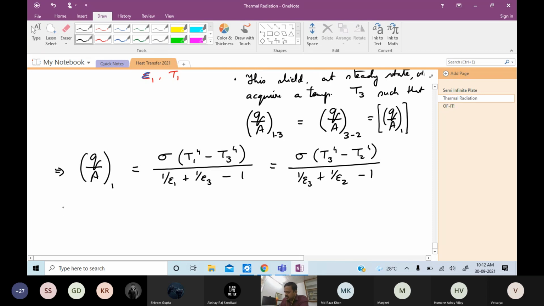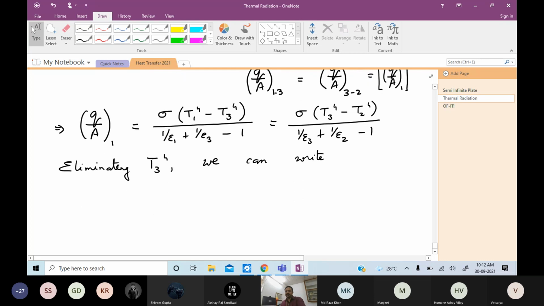So to eliminate T3, which is my unknown, eliminating T3 to the power 4, what can we write? We have to add up the numerators, isn't it?